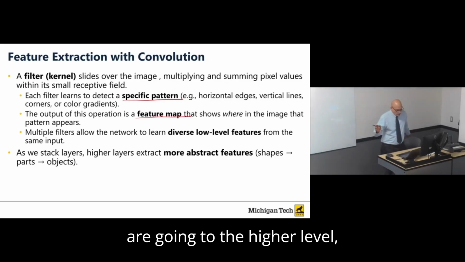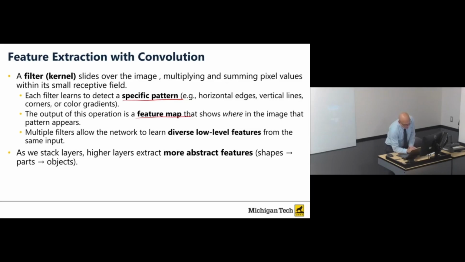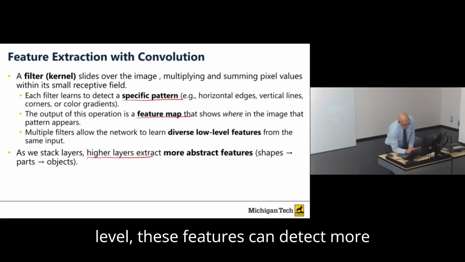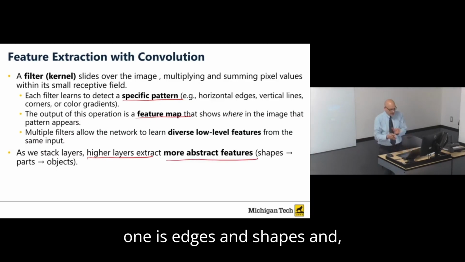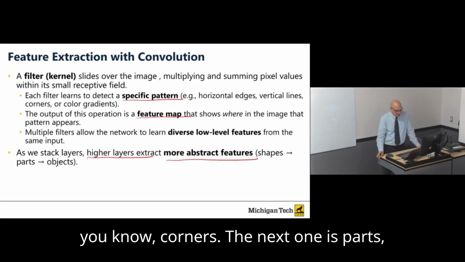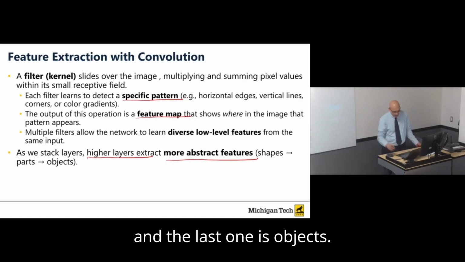And when you move to higher levels, these features can detect more abstract features. For example, the first level is edges, shapes and corners. The next one is parts, and the last one is objects.